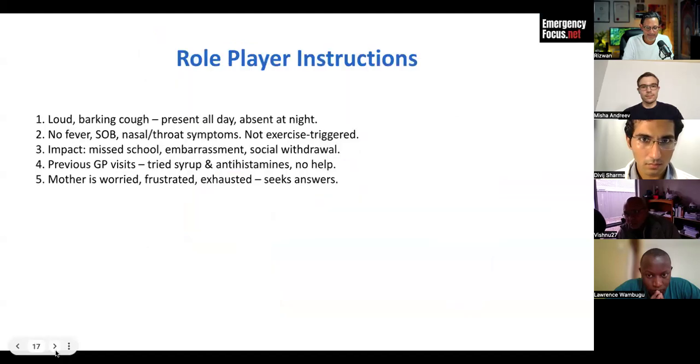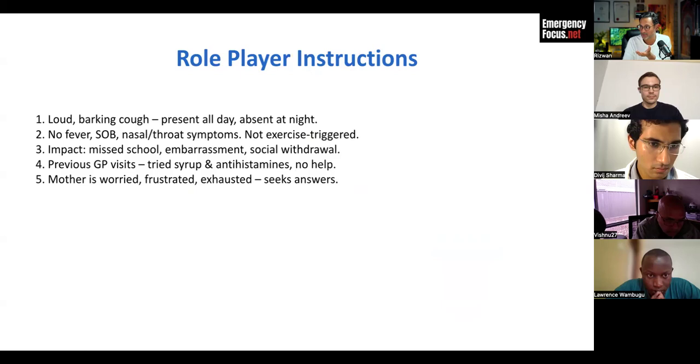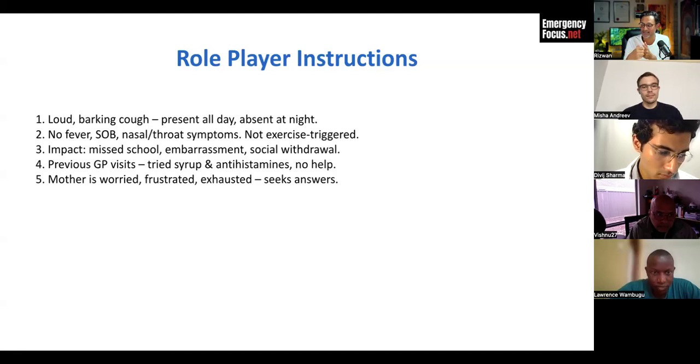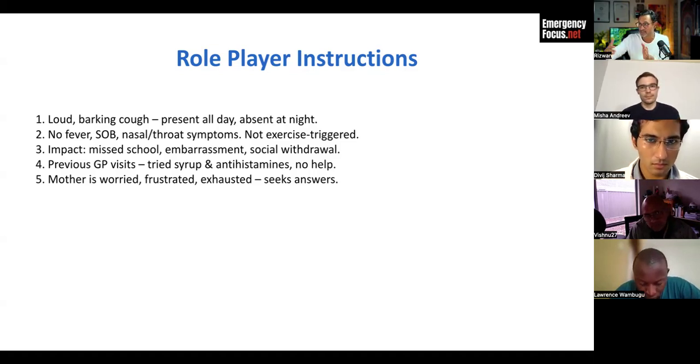Okay. Next up, what would be the role player instruction? Now, this is very crucial, because in this scenario, it's all about the diagnosis of exclusion. So we need to exclude intercurrent illness, fever, wheeze, any other red flag symptoms, any issues related to asthma, diagnosed or undiagnosed, and any allergy issues which can present for a long time.